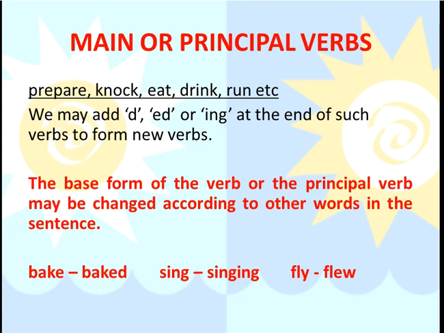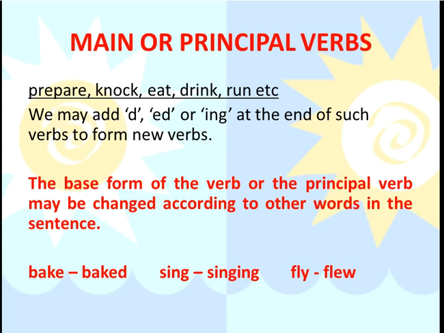Main or principal verbs. Main verbs are words like prepare, knock, eat, drink, run, and so on. We may add d, ed or ing at the end of such verbs to form new verbs.